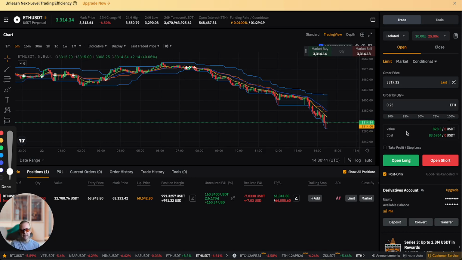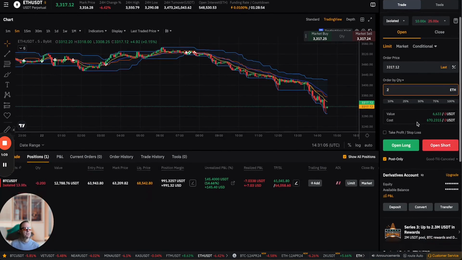So if I actually was to accidentally, inadvertently order a 0.25 Ethereum trade, I have to acknowledge that with the current leverage that I have, I would be looking at an $83 position, right? So maybe I meant to have more. And so now I go, well, what about 2? Okay, 2.670 is what I was actually basing my numbers off of.